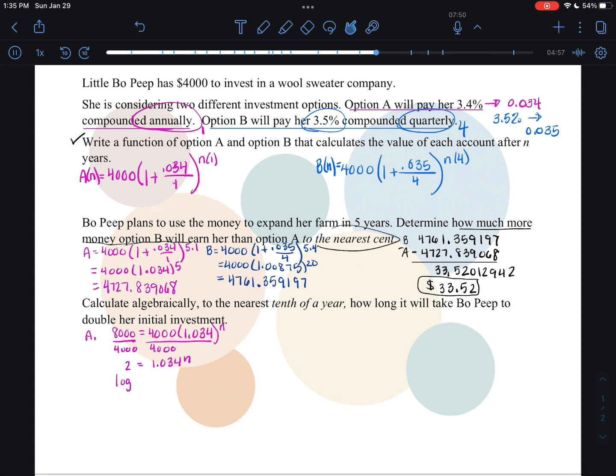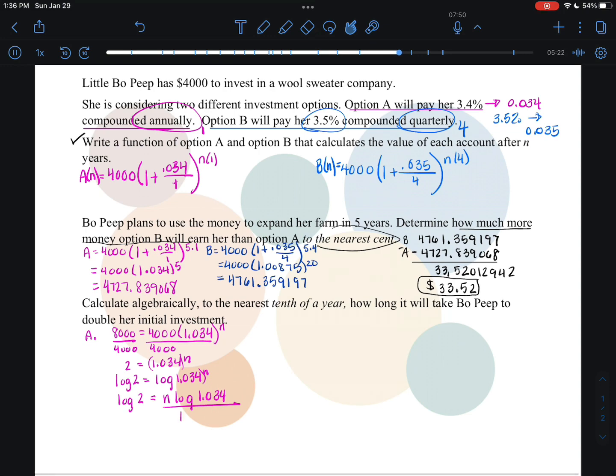In order to get that variable out of the exponent, I'm going to need to take the log of both sides. I get the log of 2 equals the log of 1.034 to the n power. Using the properties of logarithms, I'm going to bring that n down to the front, so I have n log of 1.034.